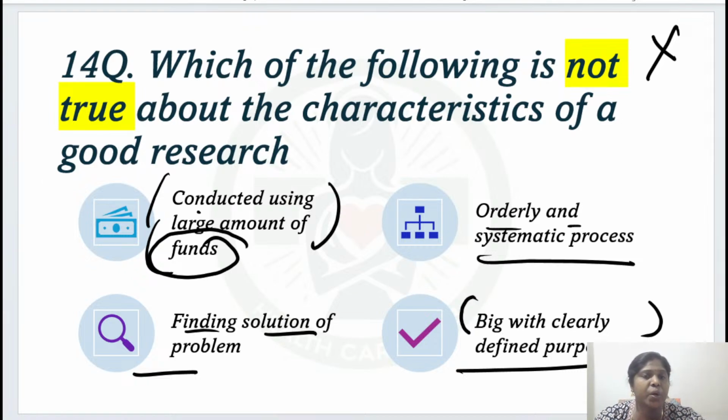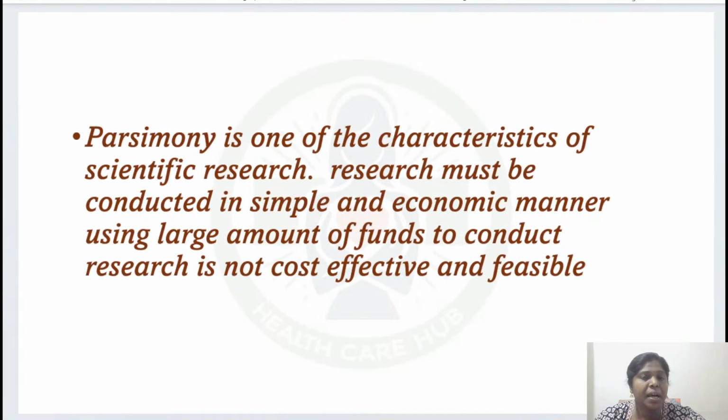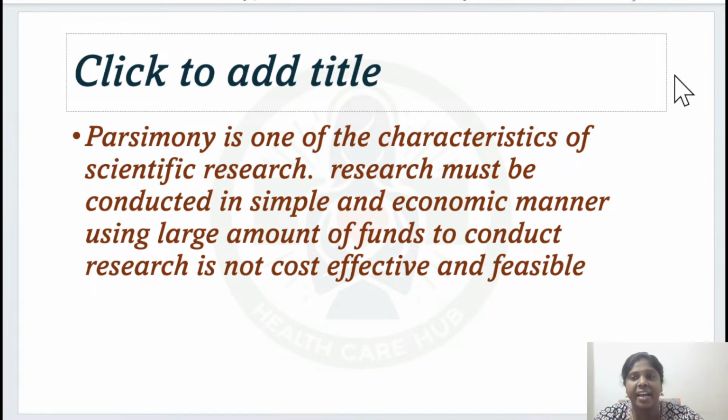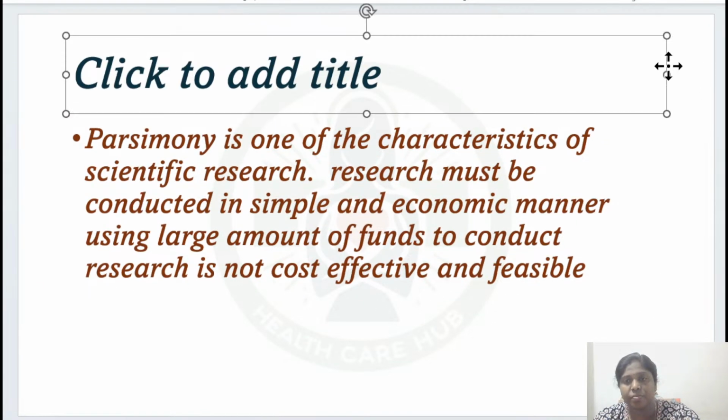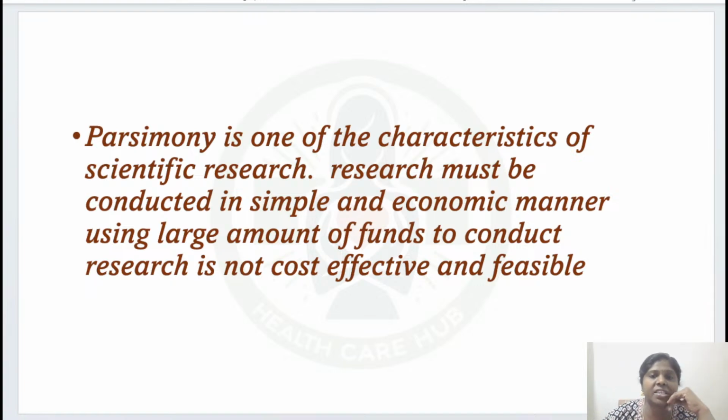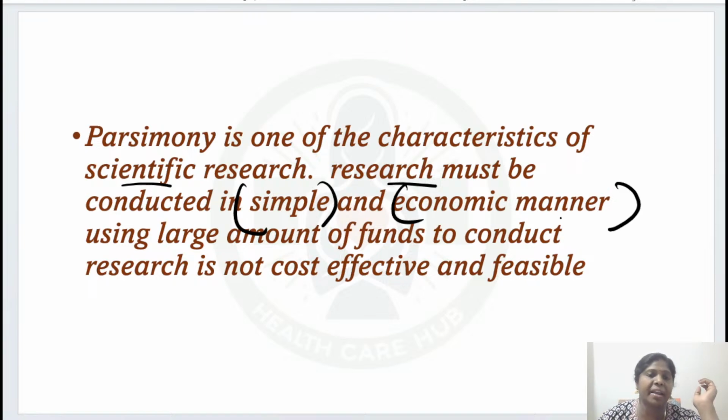See, when we are doing a good research process, conducting using large amount of funds is not true. Yeah, absolutely correctly, Madhu, you have told correctly. See, parsimony is one of the characteristics of the scientific research. So research must be conducted in a very simple and very economic manner.